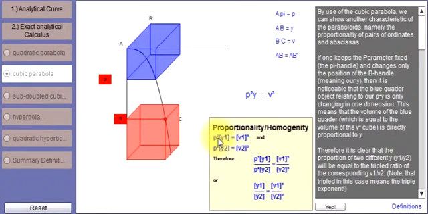So p squared times y1 would be equal to v1 to the cube. And also for the second point, p squared times y2 would be equal to v2 to the cube. And therefore you could rearrange the analytical expressions such that you get proportions between the abscissas and the ordinates.